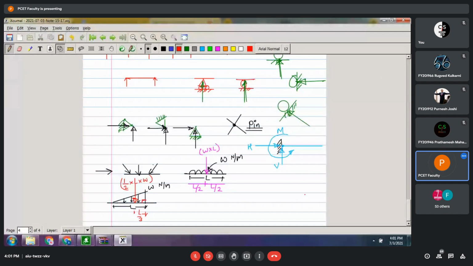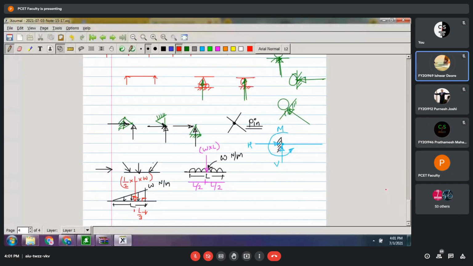And lastly, the same triangular load can also be asked in the problem as UVL with trapezoidal load. Here in this case, the lower portion we will separate out. We will consider this as UDL of intensity W1, and this will be suppose W2.